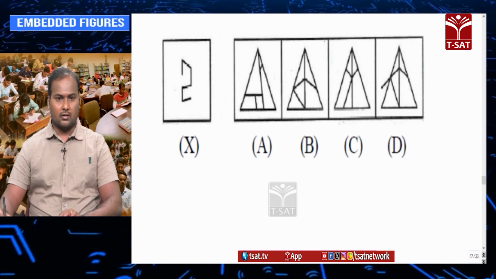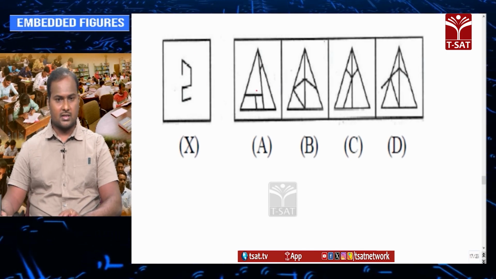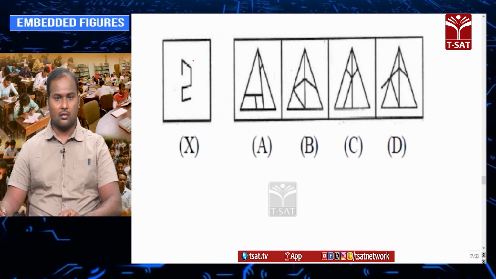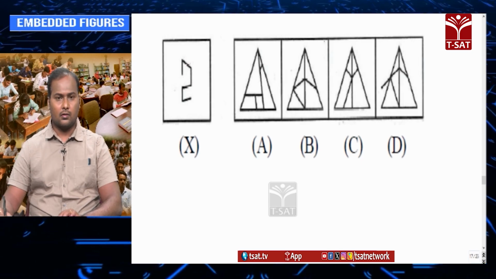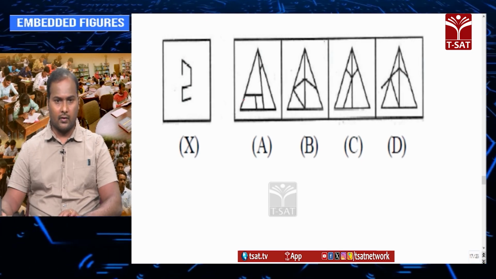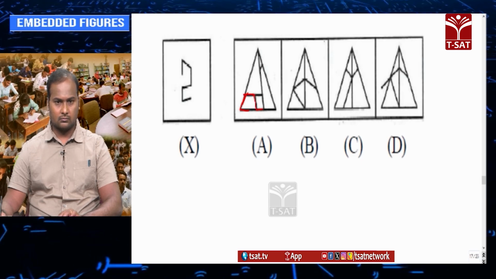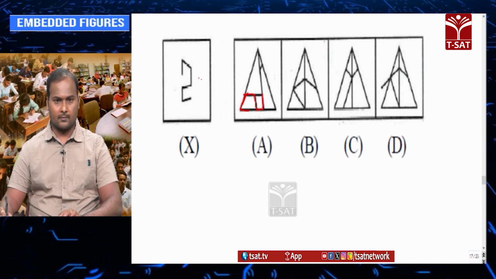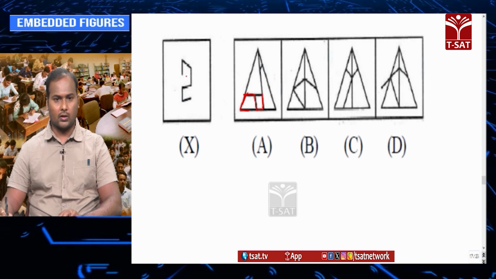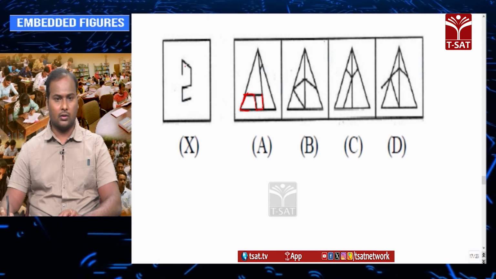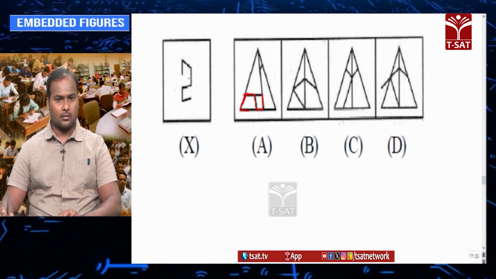See, I always said that this should not be exactly present in the answer figure. It may be in rotated form also. So if you see the answer, where it is embedded somewhere here, see, this is the embedded portion. So this figure is embedded here. See, he rotated it. How did he rotate it? He rotated it in the anti-clockwise direction by 90 degrees.